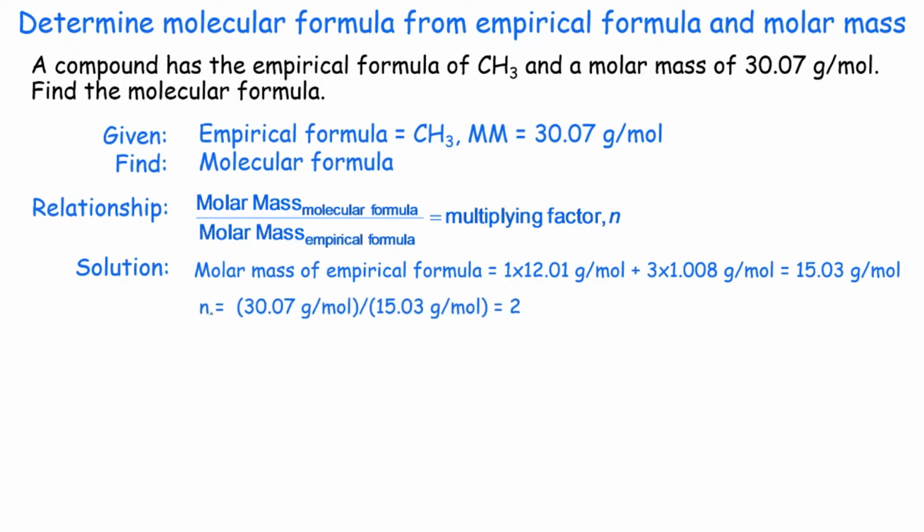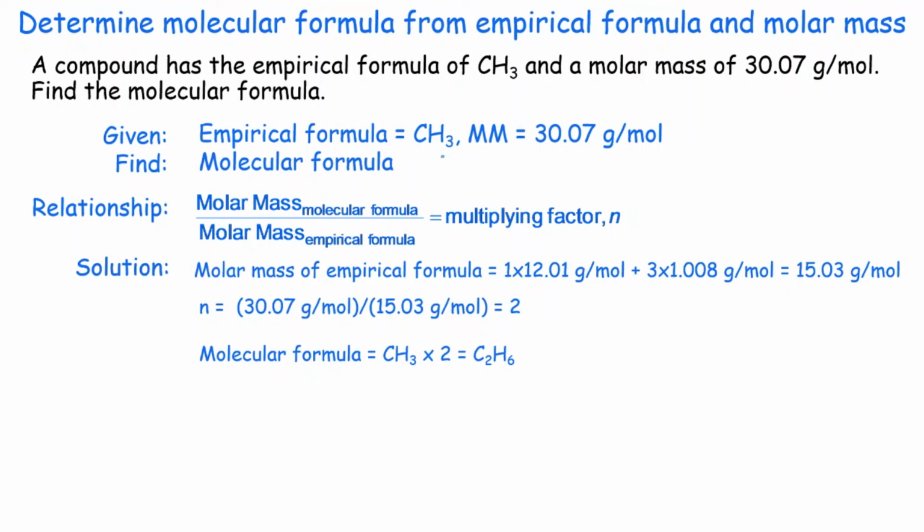Okay? So therefore, we are applying this equation now. n equals the molar mass of the molecular formula, that is given, 30.07, then divided by the molar mass of the empirical formula, which we just found out right here, then n is 2. Okay, good. So we know the multiplying factor is 2, and we know the empirical formula is CH3.